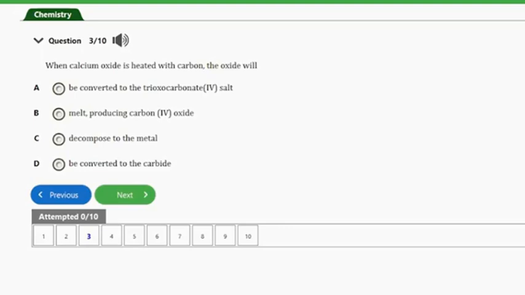So guys, when calcium oxide is heated with carbon, the oxide is reduced and carbon monoxide is actually formed. So this is a reduction reaction where carbon acts as a reducing agent, removing oxygen from calcium oxide to form calcium carbide. So that's CaC2. So that's the answer to the question here, and that's option D.